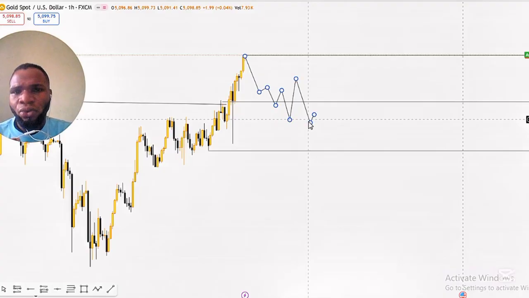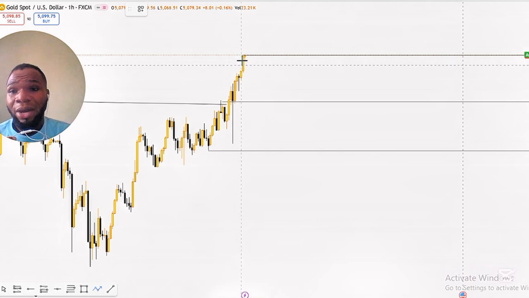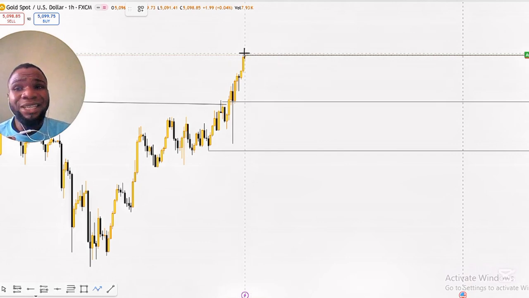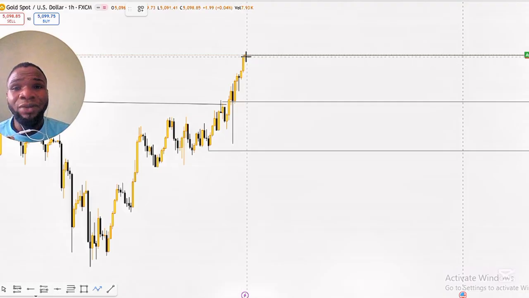Then this under structure, let me give you the second structure in case this one fails, because one thing I'll tell you for free, no matter your entry, you can't always get that exact entry. You can't always get that exact entry every time. You understand? So since I trade one pair, I have to have scenarios, because market is all about probabilities.